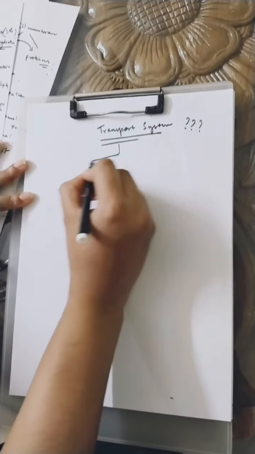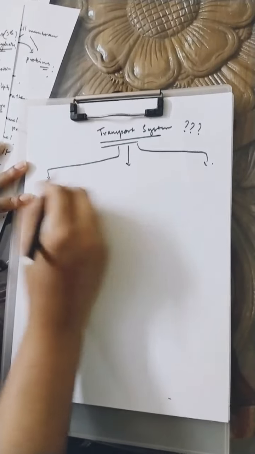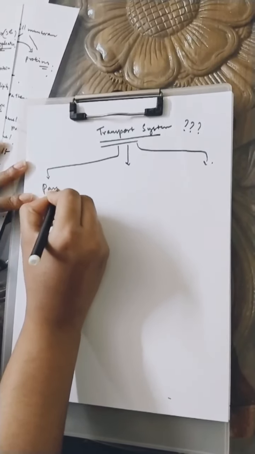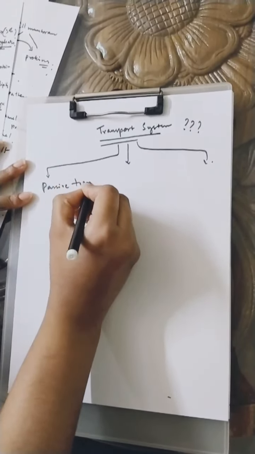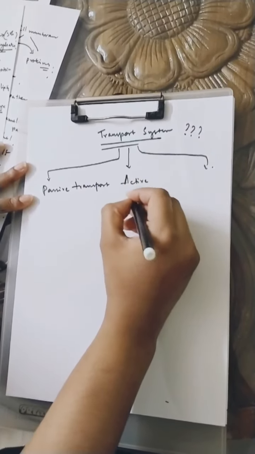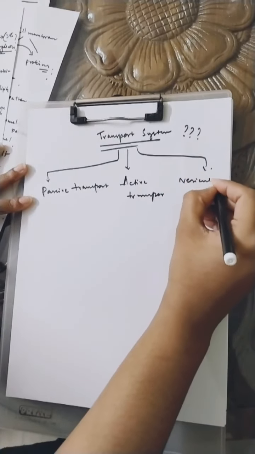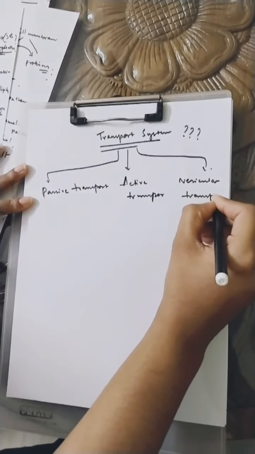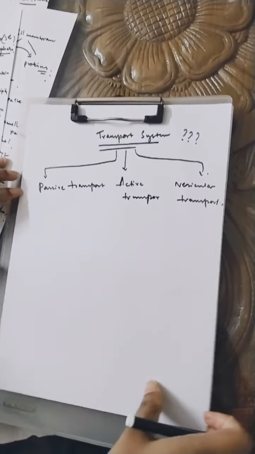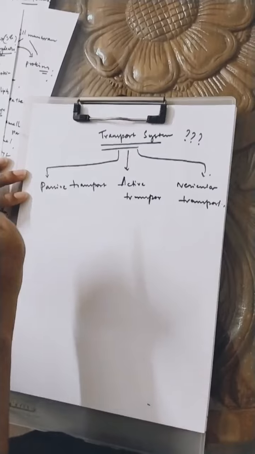The transport system is carried out in three ways: passive transport, active transport, and vesicular transport.